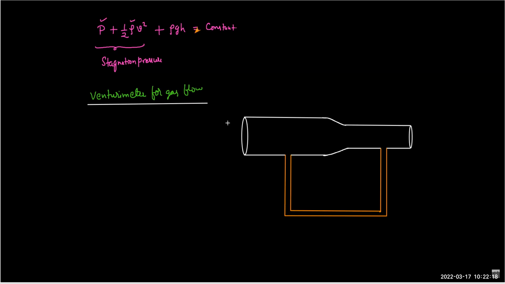So now as the gas will move across the tube, if I name it 1 and 2, at which location will the gas move faster? 1 or 2?